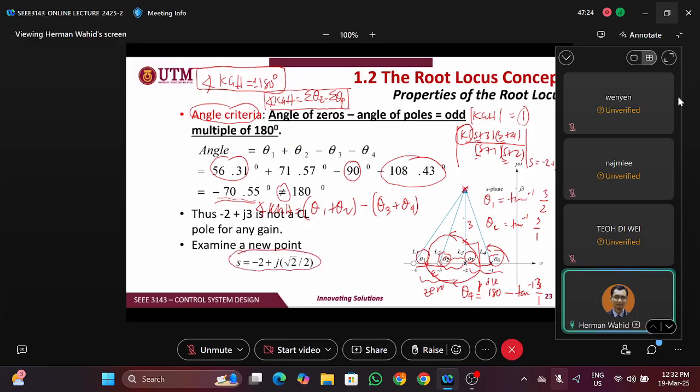Okay, let's evaluate with another testing point here, or the poles located at a new value, negative 2 plus j, square root of 2 divided by 2, which is basically 0.707. If we compare with this one, probably the value is just here. So this is probably 0.707, down from this original j3.